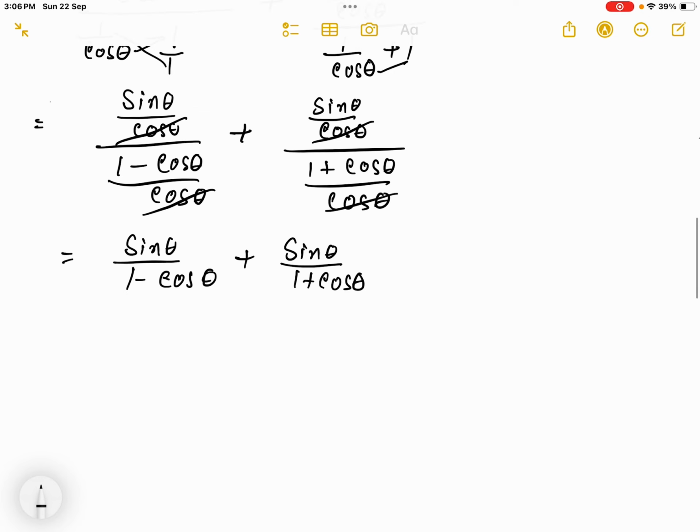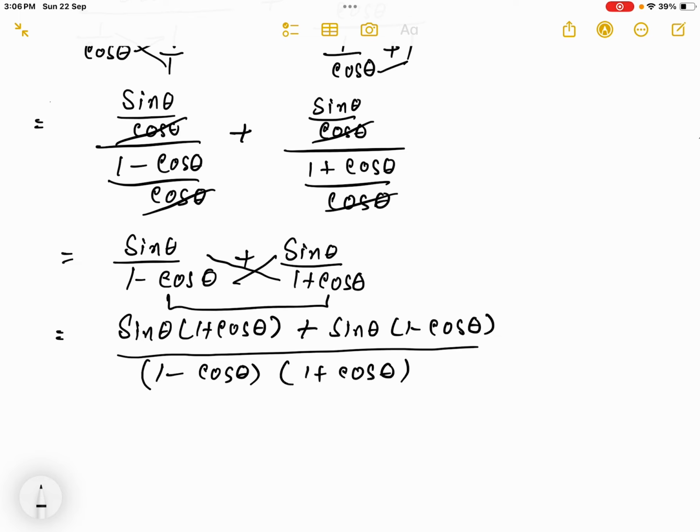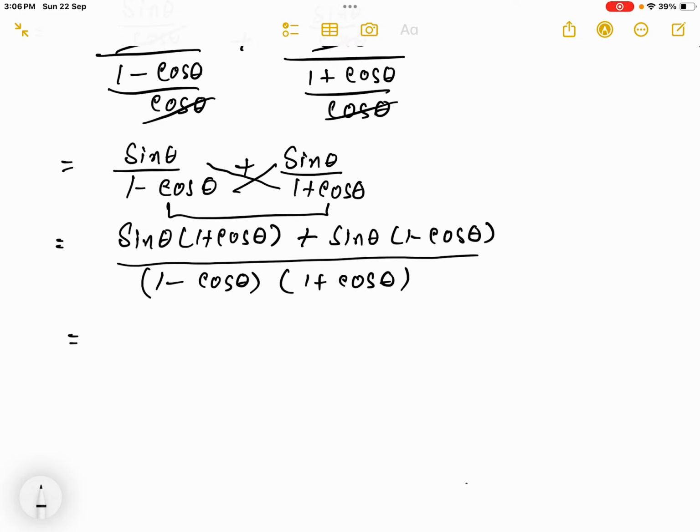So then after further process, cross multiplication: sine theta times 1 plus cos theta plus sine theta times 1 minus cos theta, whole divided by 1 minus cos theta times 1 plus cos theta. Sorry, that is the LCM of these two quantities. So sine theta will go inside on multiplication, multiplied with 1 as well as cos theta.